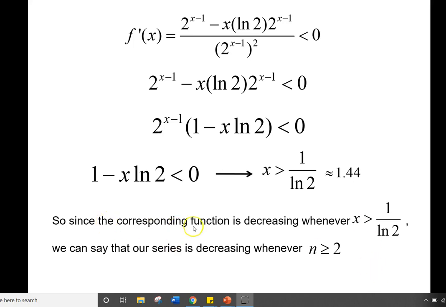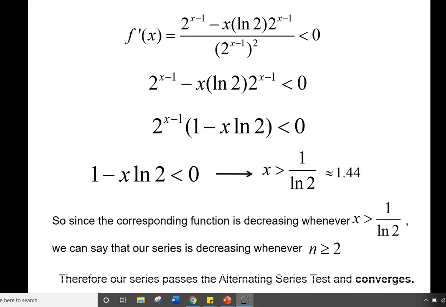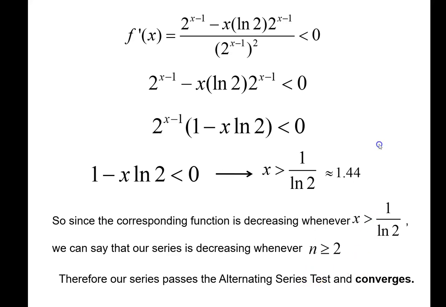So if we're looking at the corresponding function whenever x is larger than about 1.44, we can say that means our series is also decreasing as long as n is greater than or equal to 2. So just like the last example, in the long run, the function, or the series itself, is decreasing. The limit of that series went to 0, so we can say this passes the alternating series test and therefore converges.